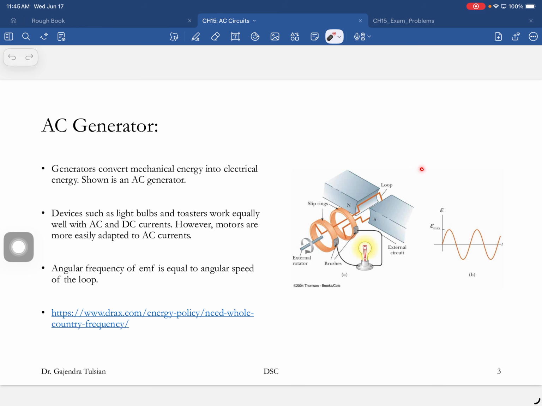Now, in a windmill, the wind blows at different speeds. What you're getting out of the wall is 60 hertz, that is, 60 cycles each second. In a windmill, the wind is blowing at all kinds of variable speeds, so it turns this at variable frequencies, and you're getting a variable signal.